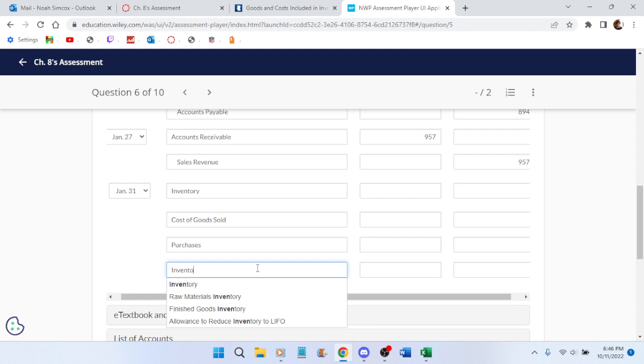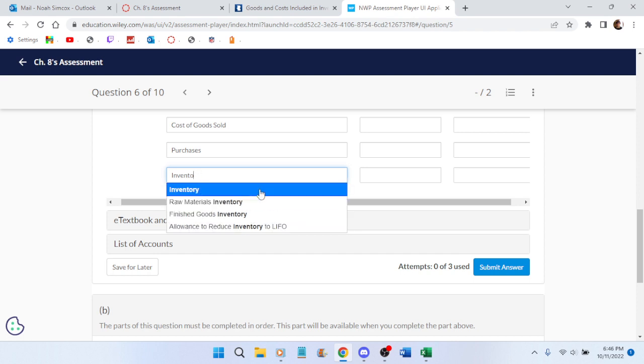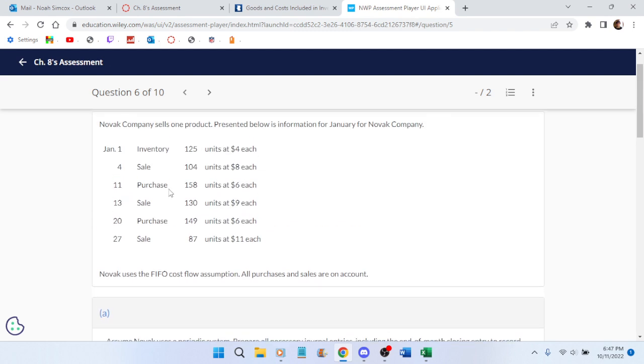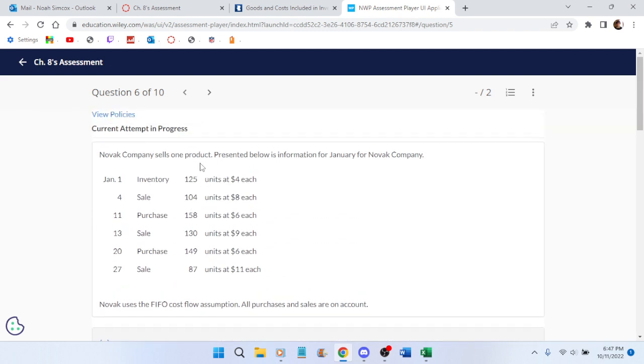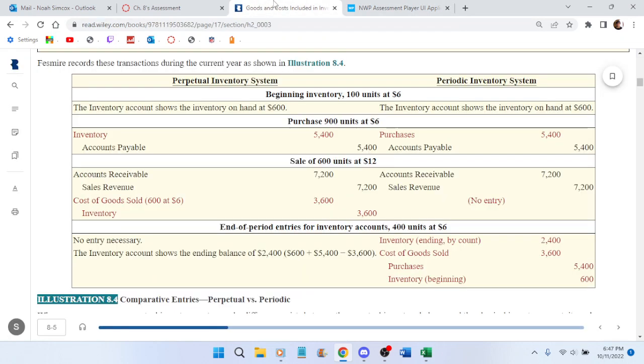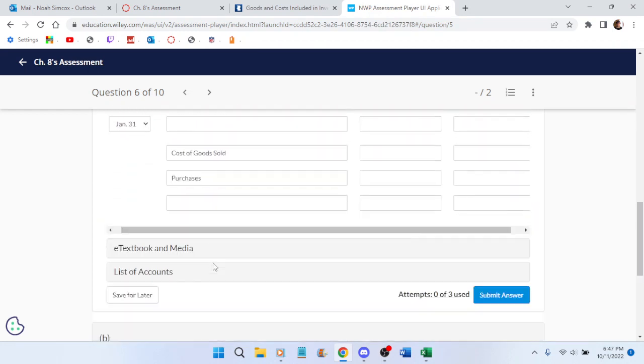Oh, come on. They don't have the option. Why don't they have the option for beginning inventory? This should be ending and beginning inventory. This is a periodic system, therefore there should be ending inventory and beginning inventory.